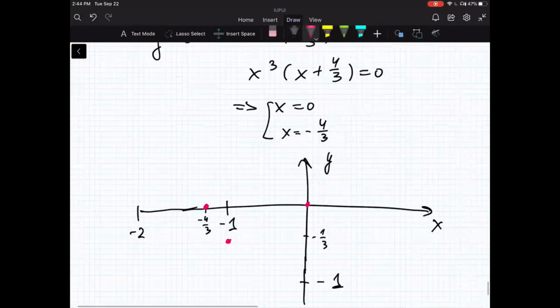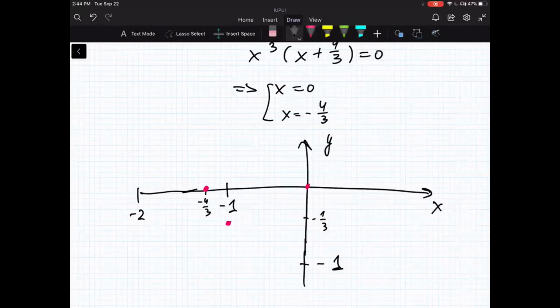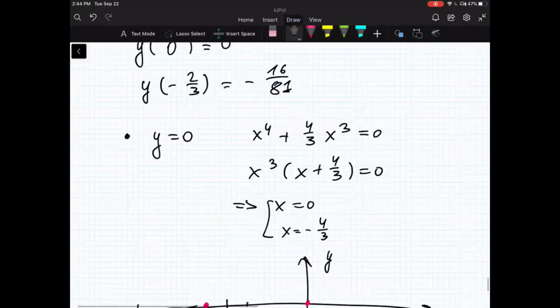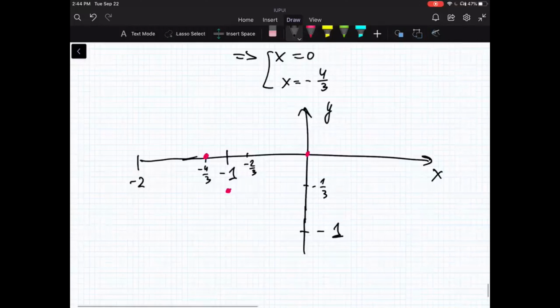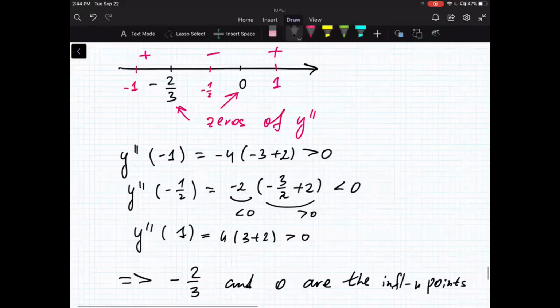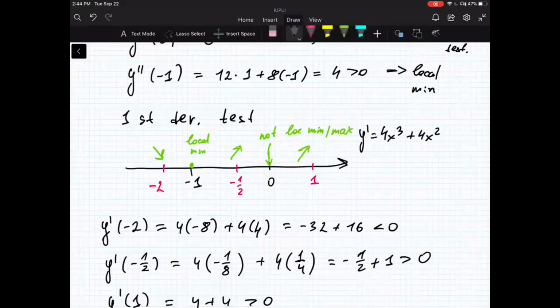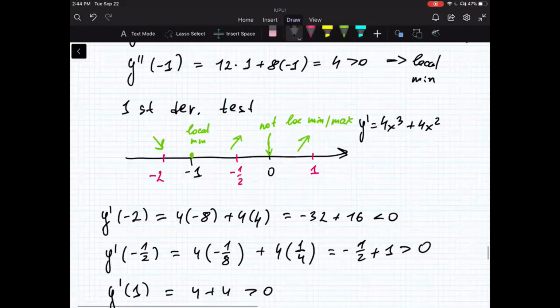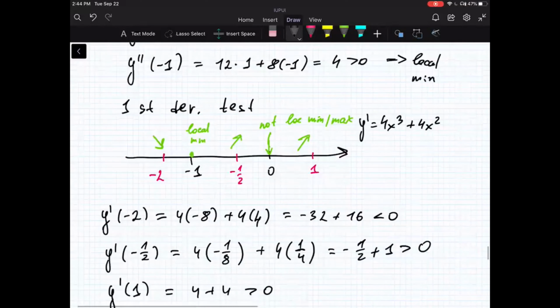Then I know that at point -2/3, which is somewhere here, I have -16/81, which is here. So here's my point. Okay, and what else do I know? My first derivative test says that from minus infinity to -1 it was decreasing, then it was increasing until 0, and then it continues increasing.